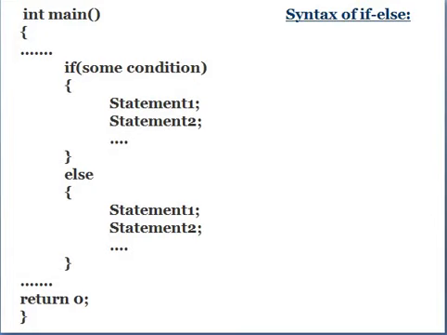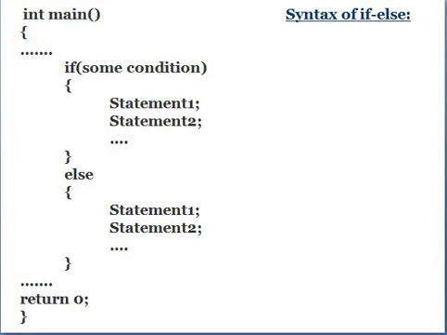In this syntax, in the main program, if the condition is satisfied, then control automatically goes to the first block having statement 1 and statement 2. If the condition fails, then control will pass automatically to the else block, having statement 1 and 2.